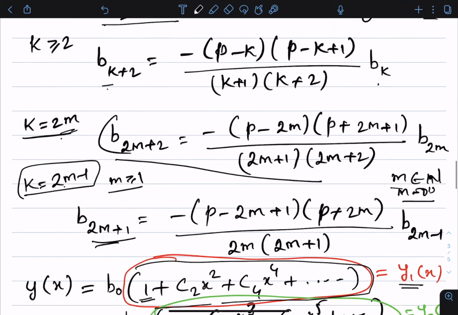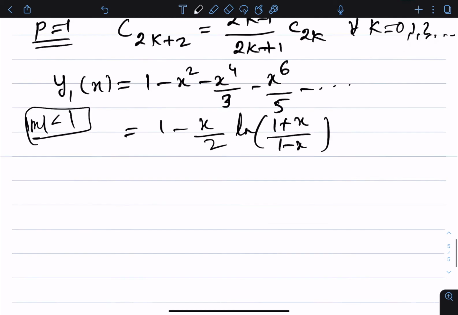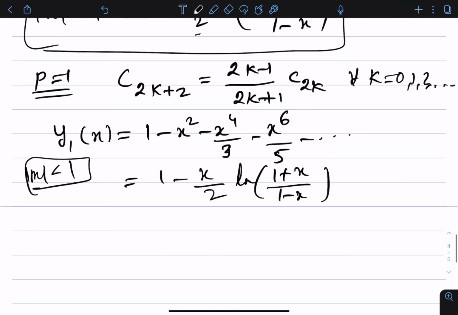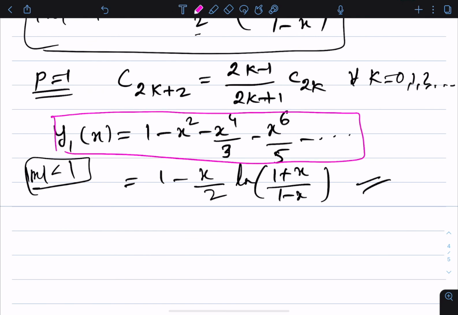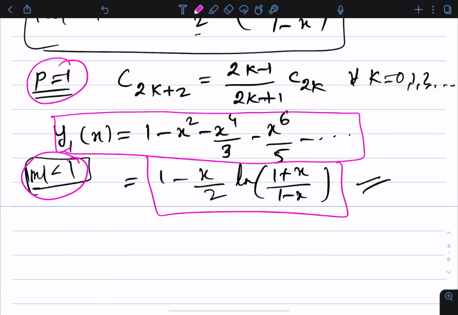Okay, so that is your y1 in the case when p is equal to 1, and when mod x is less than 1, this is what you have.